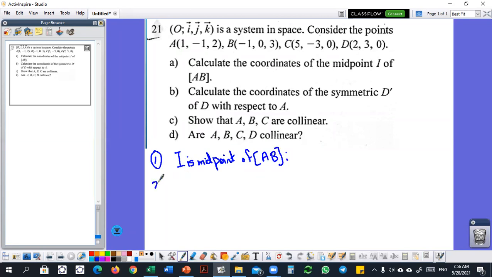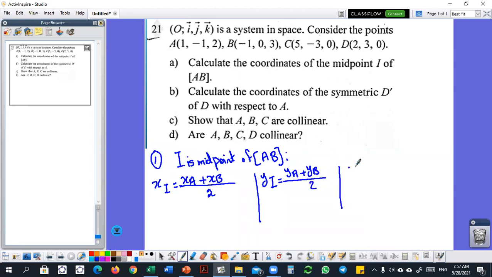So X of I will be equal to X of the point A plus X of the point B divided by 2. Same as Y: Y of I equals Y of the point A plus Y of the point B over 2. Z of I is equal to Z of the point A plus Z of the point B all over 2.